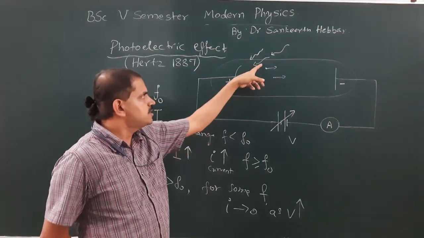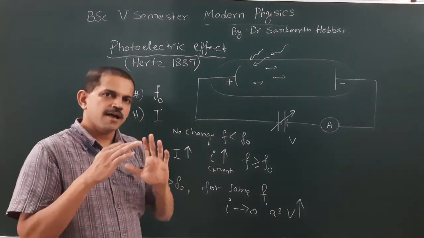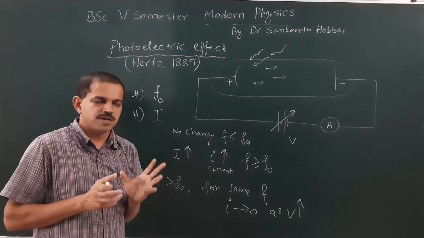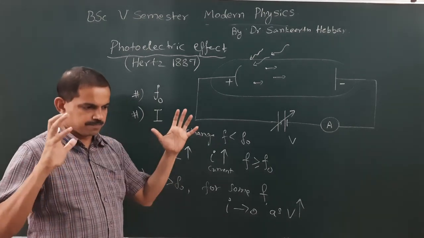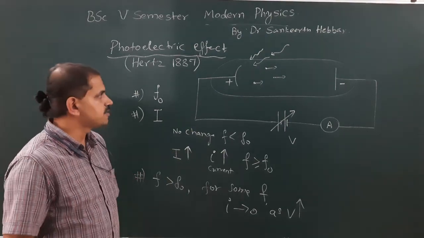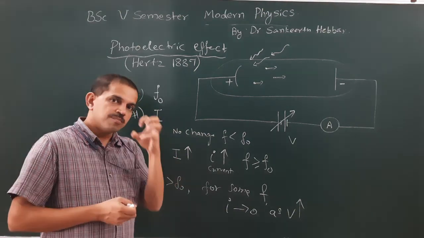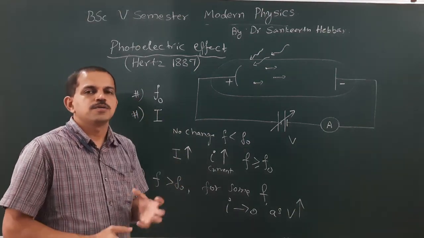So initially what happened was, when he was increasing the frequency, you know that metals have atoms, material is made up of atoms, they have an arranged structure of atoms inside the material or the molecules, and the electrons are bound to the nuclei.